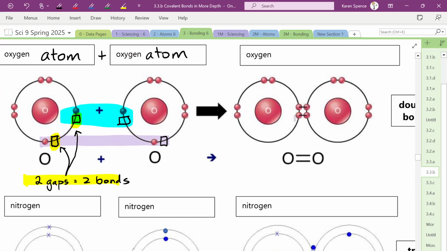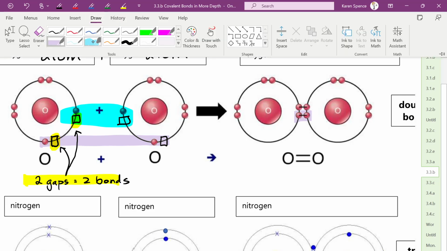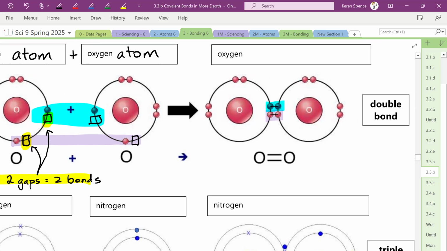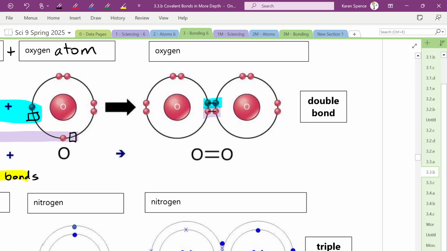All right, and now we have that sharing there, and we have that one sharing there. And this one is a double bond. How many electrons in a double bond? 4 electrons. And we show it with 2 lines.